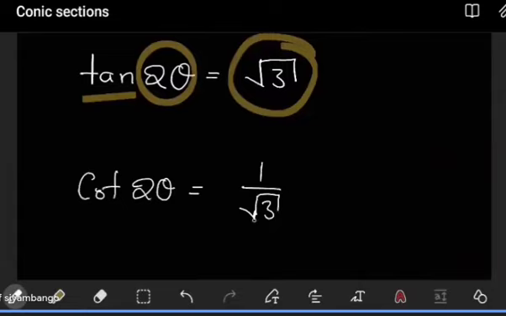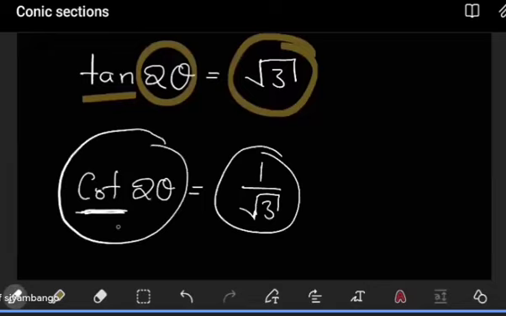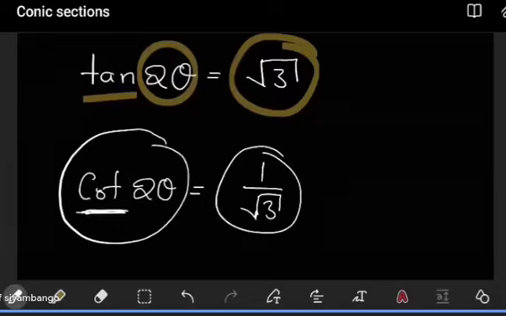But I wanted to see if this is a solution to a special angle. But I don't really have the special angles memorized for cot. Remember when I was giving you the special angles, I never had one for cot. I only had for sine, cos, and tan. So I do recall that cot comes from tan.